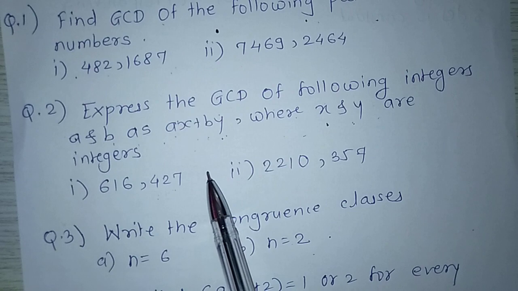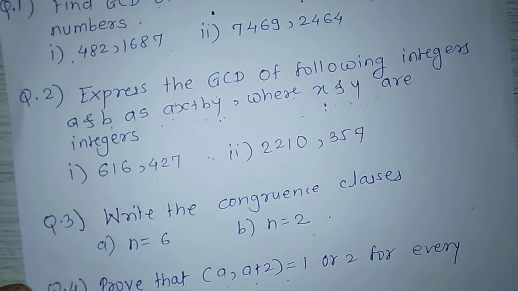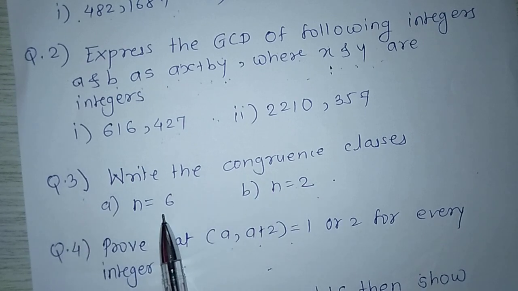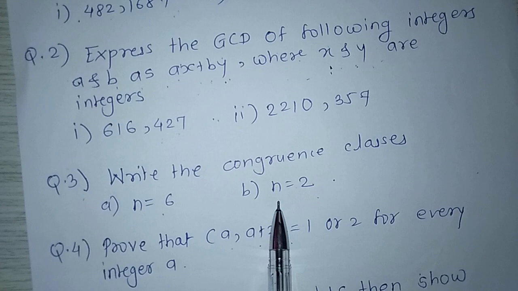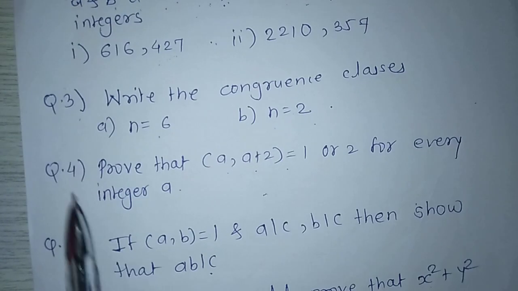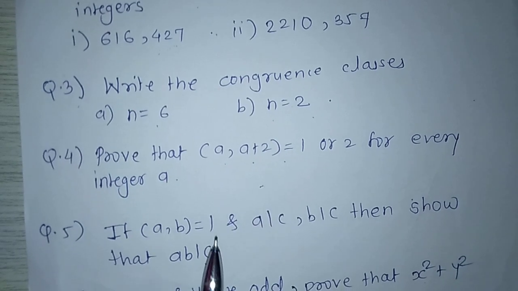Here also by using Euclid's algorithm, we can find x and y. Question number 3. Write the congruence classes for n equals 6, n equals 2. Now another examples depend on the congruence relation.